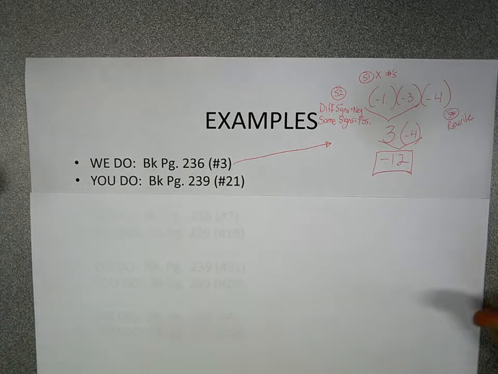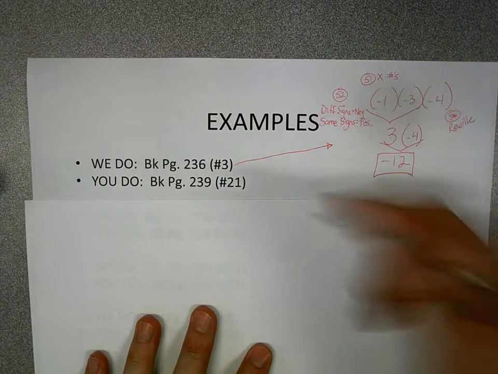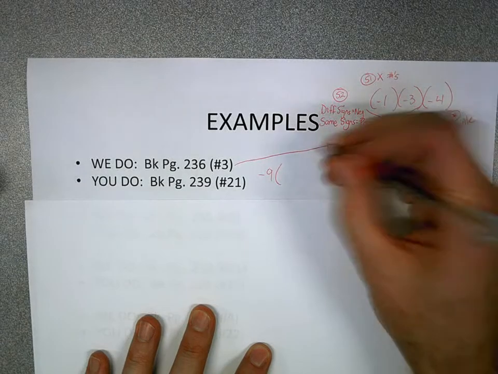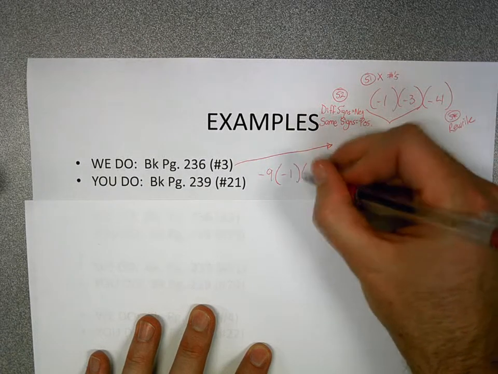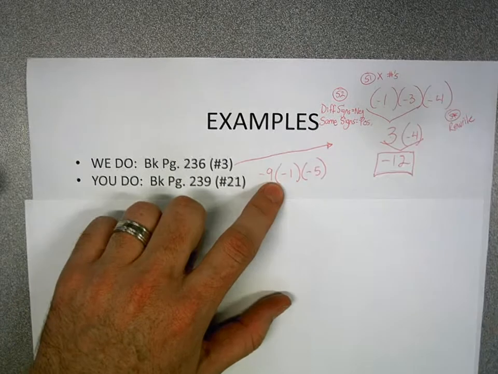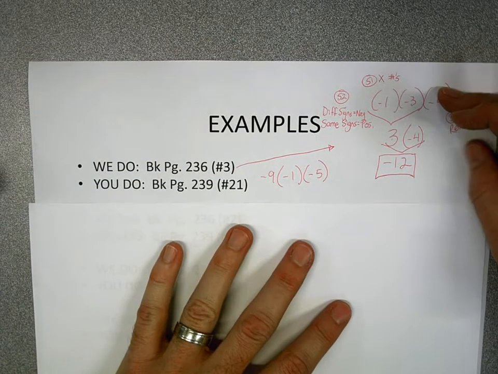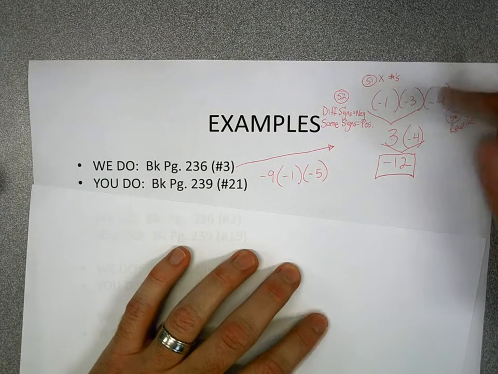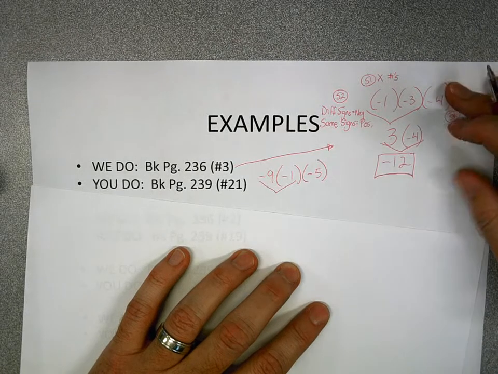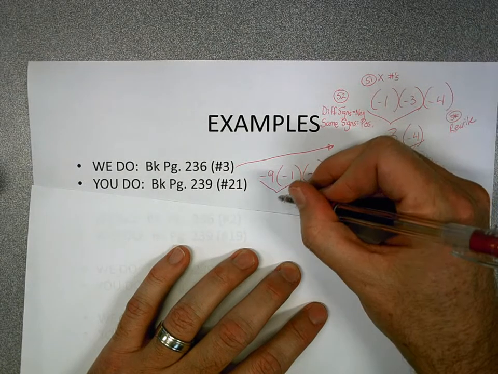Okay, so number 21 in your book was -9 times -1 times -5. I know -9 is not in parentheses, but it's right next to it, so it still means it's multiplication. All right, so here we go. You're just going to see me do the same steps. I'm going to start with -9 times -1. 9 times 1 is 9.